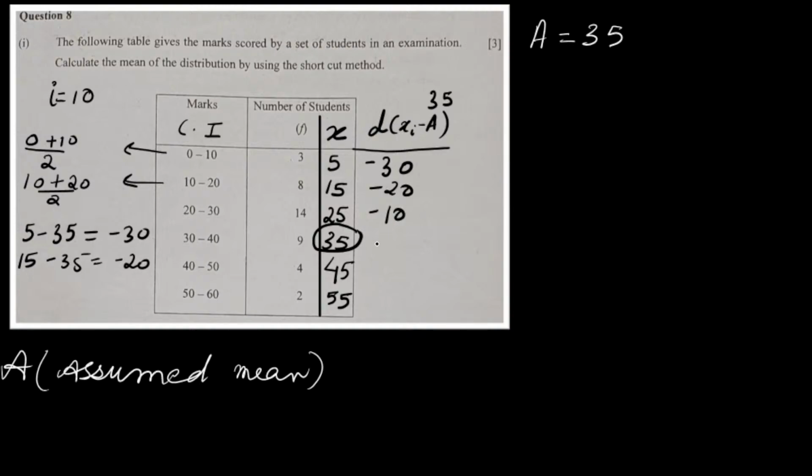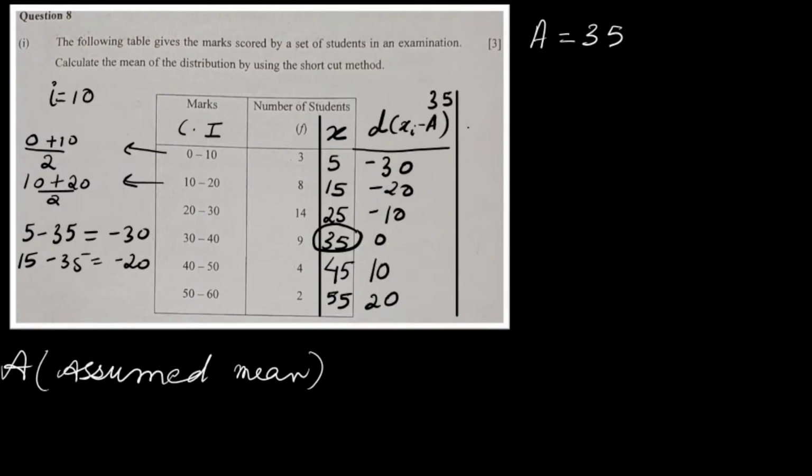Then 35 minus 35 is 0. 45 minus 35 is 10, and 55 minus 35 is 20. So d we have found. d is deviation.